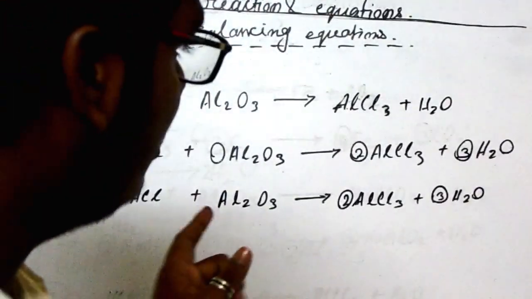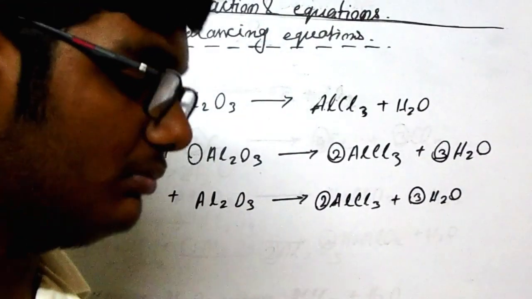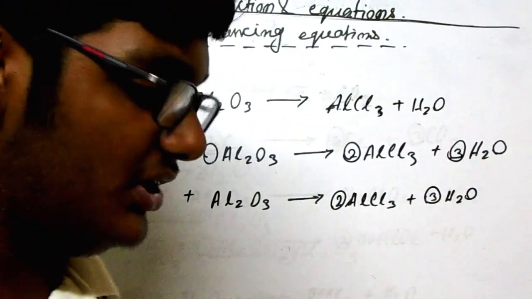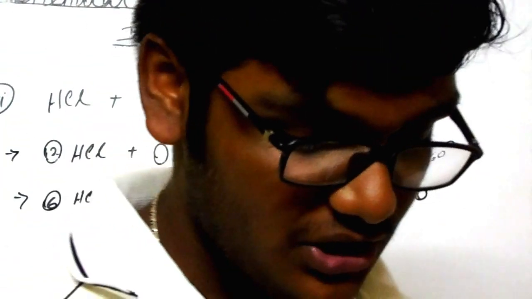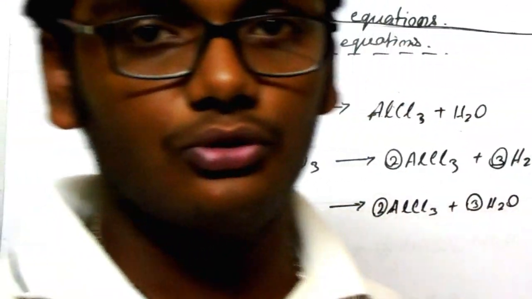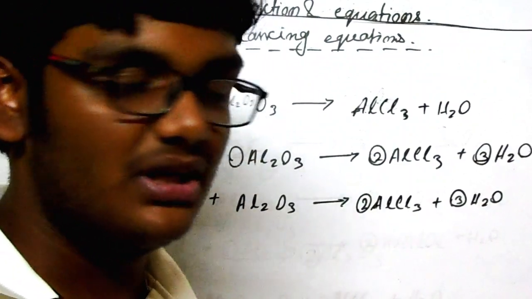I will surely upload more equations or the notes of this chapter on my YouTube channel. You can click the link on those PDFs or pictures and note it down.